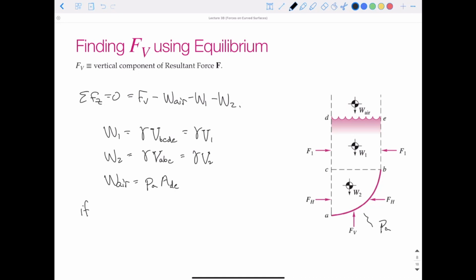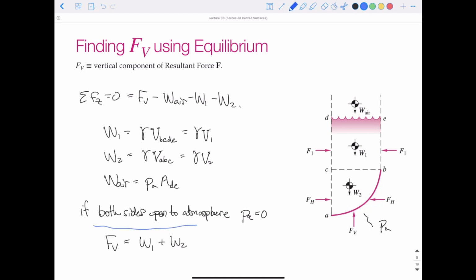So if both sides are open to atmosphere, then we can just say PA is equal to 0. Let's ignore PA, and we get our FV is equal to weight 1 plus weight 2. So we found FV.